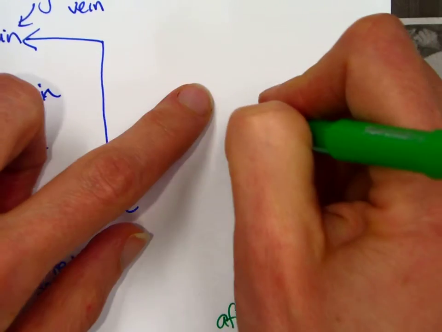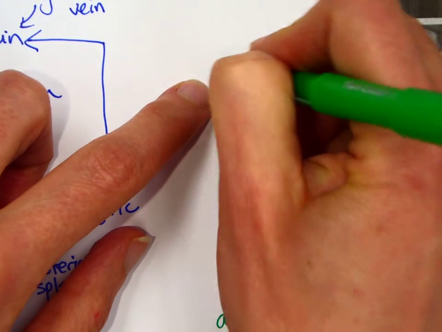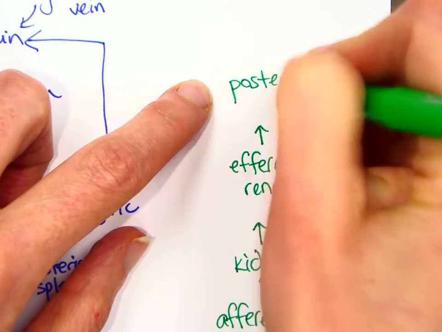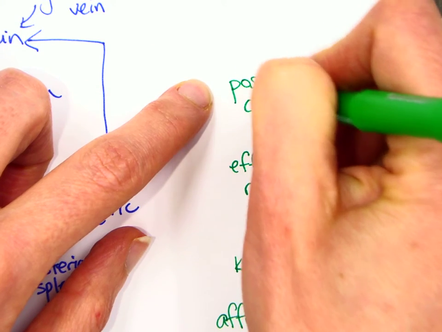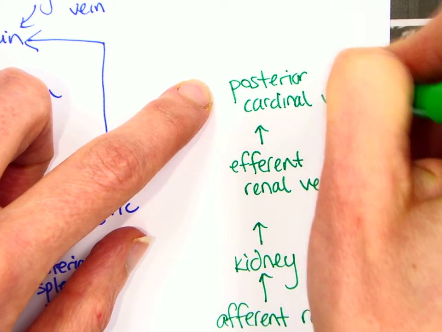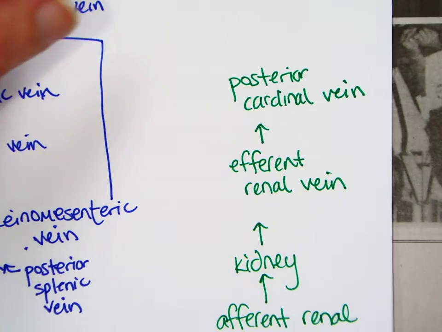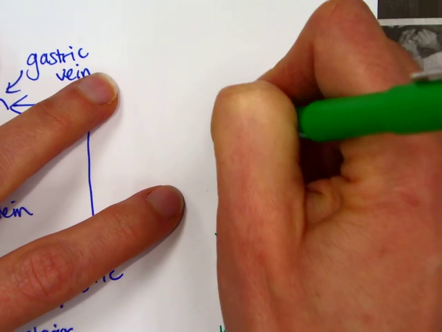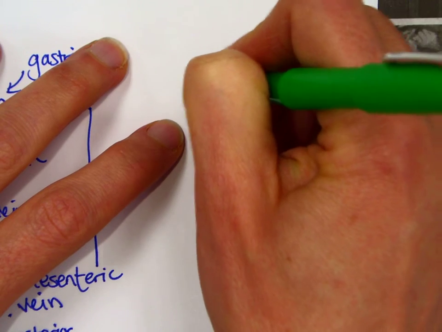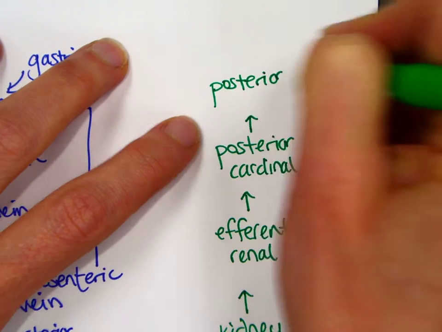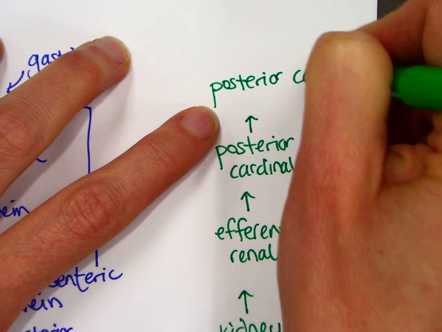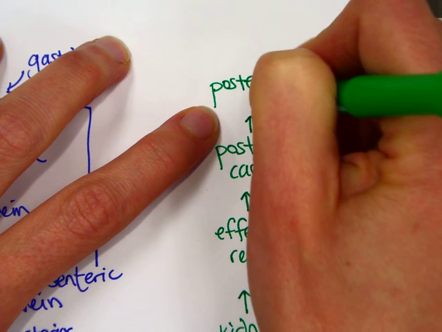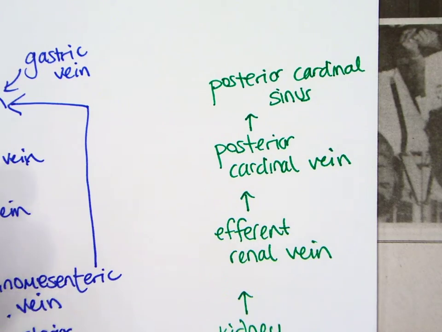From there, the blood flows into the posterior cardinal vein, which is just on the outside of the kidney, but it usually doesn't stain, so you can't really see it. And then into the posterior cardinal sinus. So if you will, take your shark and move the lobe of the liver and the reproductive organ.